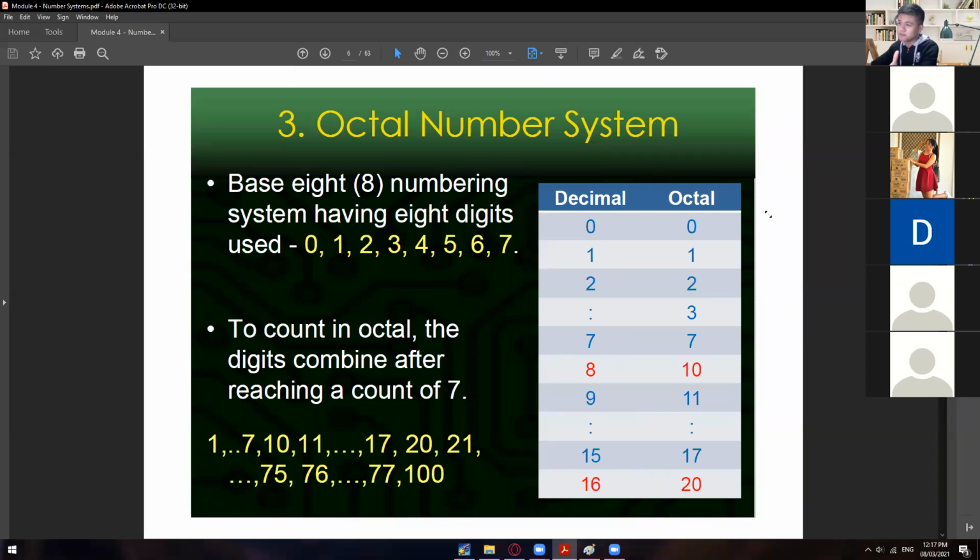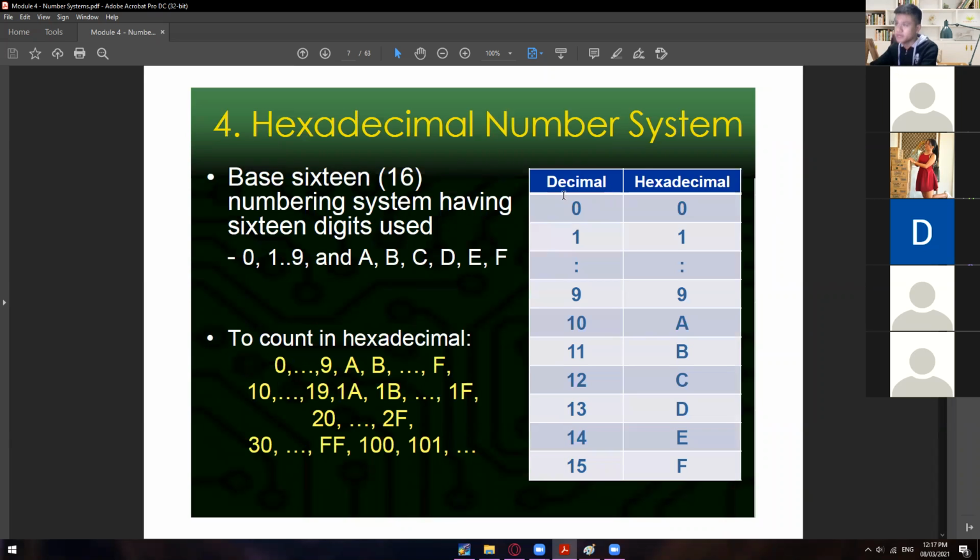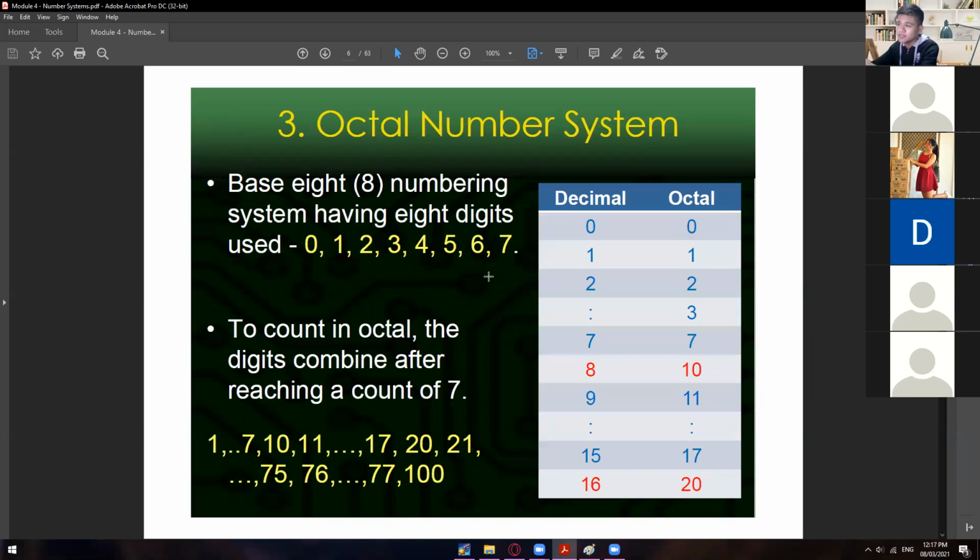So my assumption. All right, the next one here is the hexadecimal number system. Although hexadecimal has a base of 16, so of course it ranges from 0 to 15. However, we're going to use letters for 10 up to 15. Why? Because 10, 11 up to 15 are already being used by the decimal system.